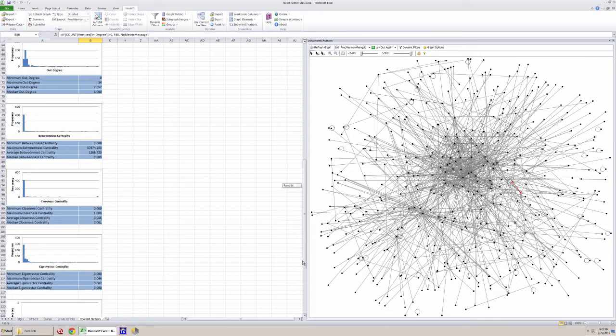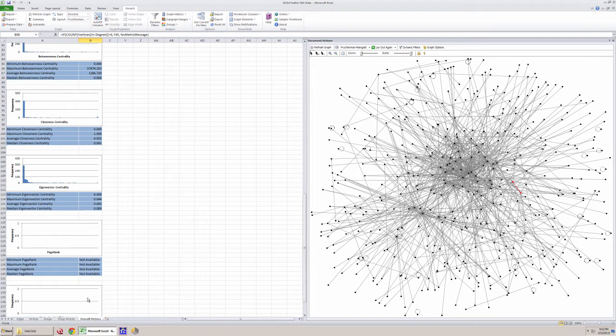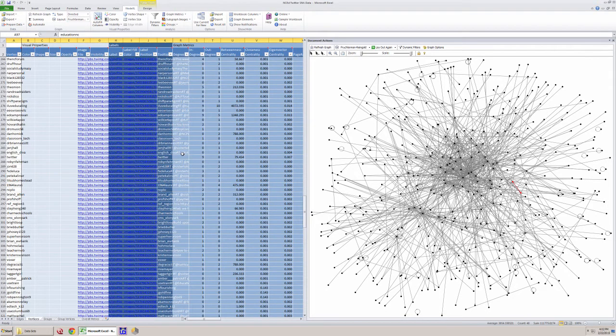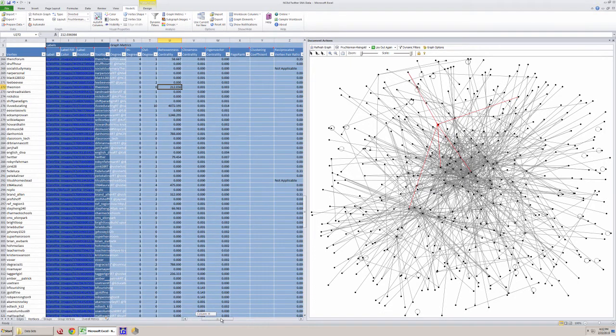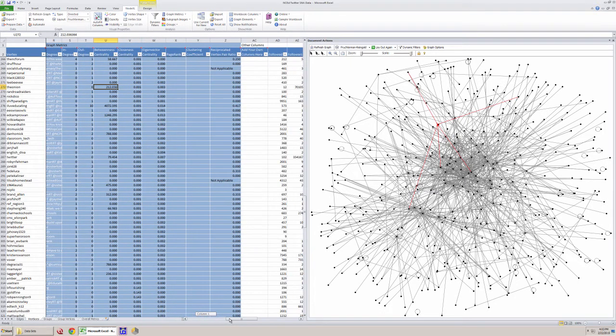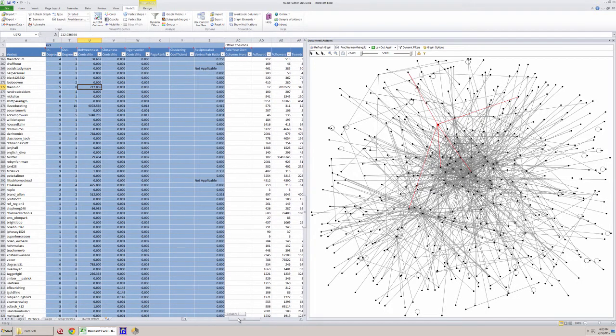All right. So now when we go over to our vertices worksheet, we have these measures calculated for all of these individuals. So now we have some actual social network measures for the individuals in this network. These measures right here, we've got in degree and out degree. So the NC forum, this individual, or actually I think this is an institution, has been mentioned or replied to 4 times.